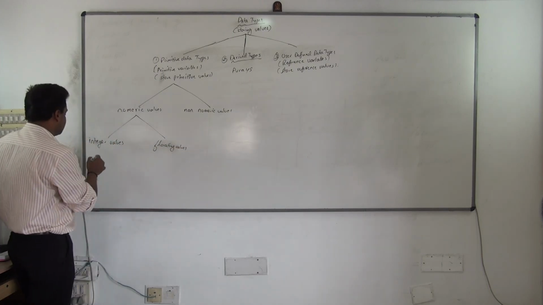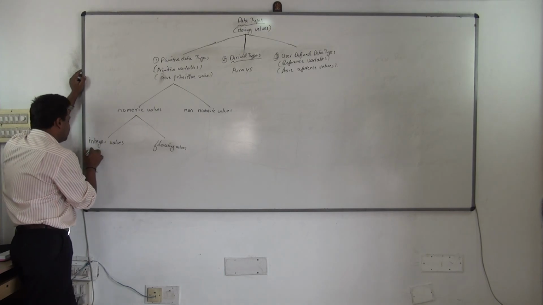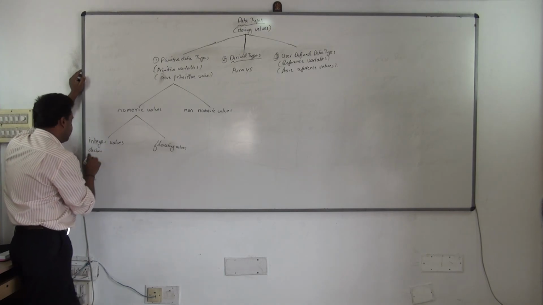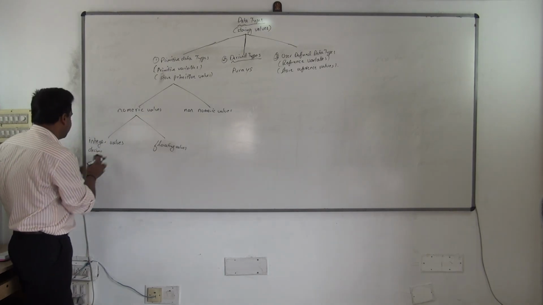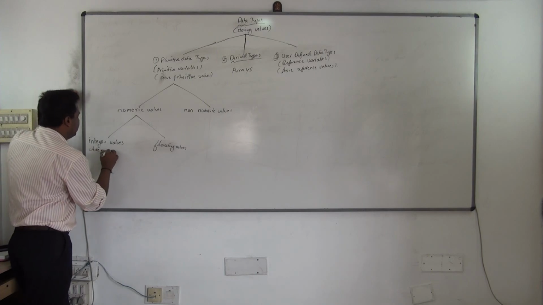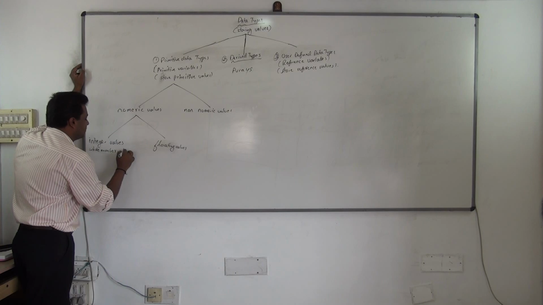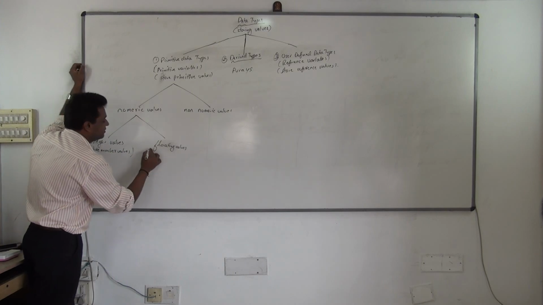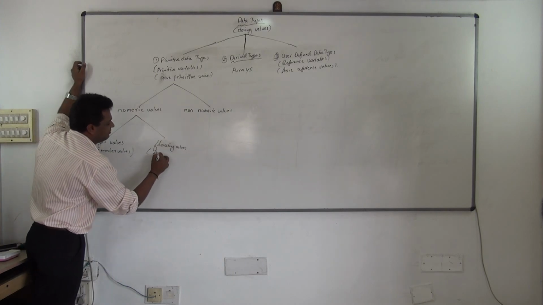Integer values are whole number values, meaning without a decimal. These are called floating values or fractional values.